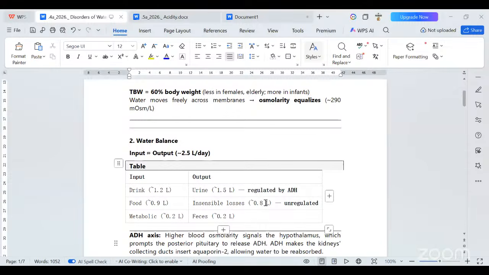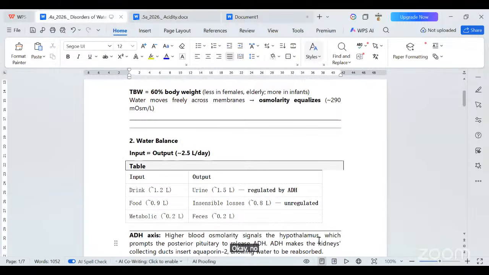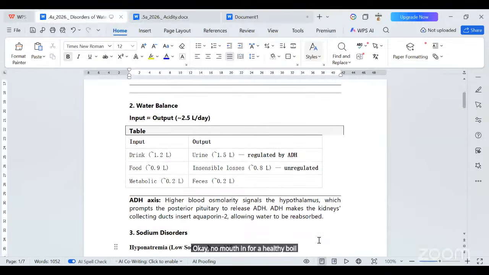And then insensible losses, either through sweat, vomiting, or what have you. 0.8 liters is lost through insensible losses. And then through feces, we go to the toilet every day. It's a normal thing for a healthy bowel to be moved every day. So through feces, we lose 4.2 liters of water.